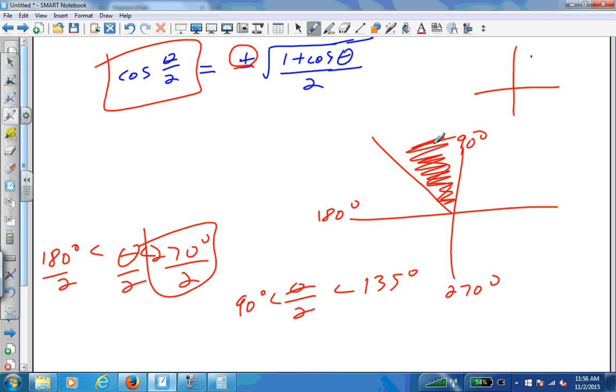So in that quadrant, is cosine positive or negative? In that quadrant, cosine is negative. Remember, on the unit circle, cosine is the x coordinate, so cosine is negative. So if we were given that theta was in the third quadrant, then when we took theta over 2, cosine would have been negative because that would have been in the second quadrant. So a fair amount to keep up with.